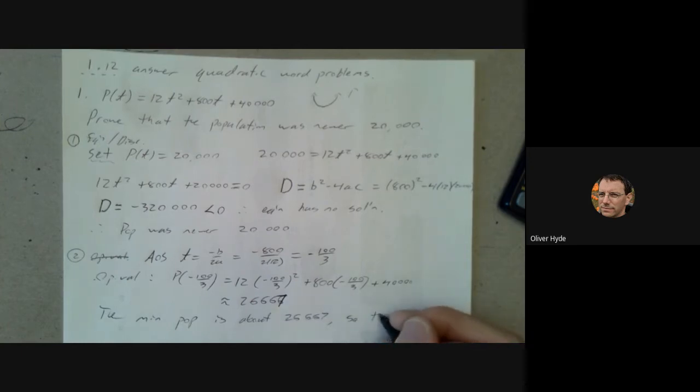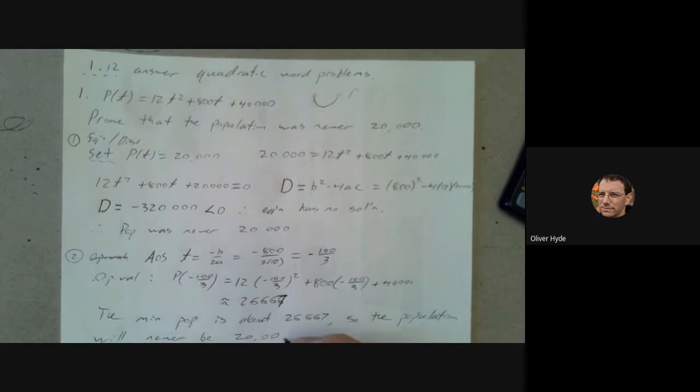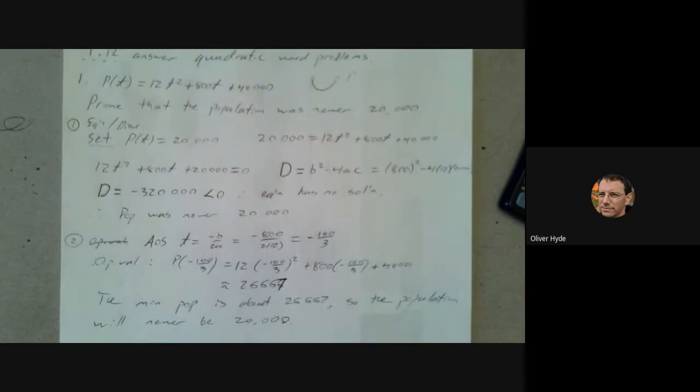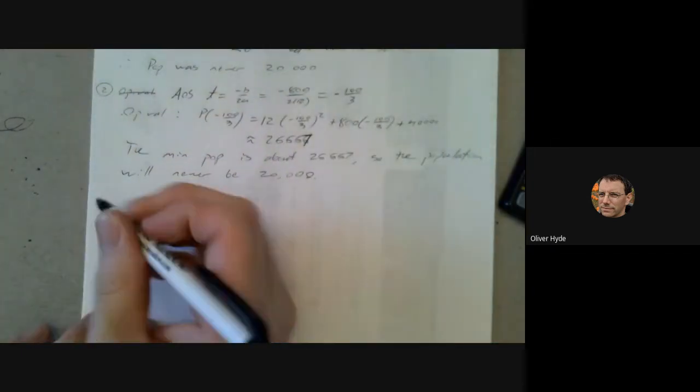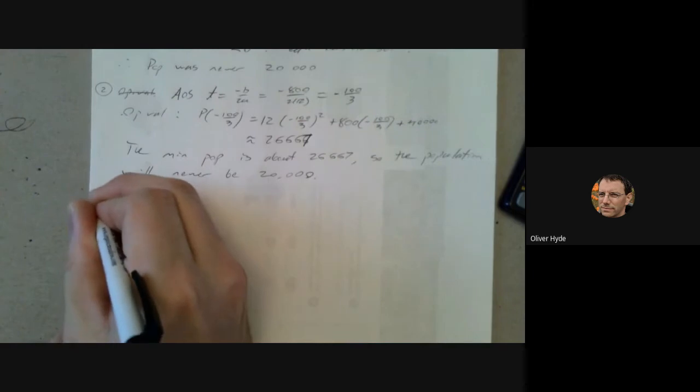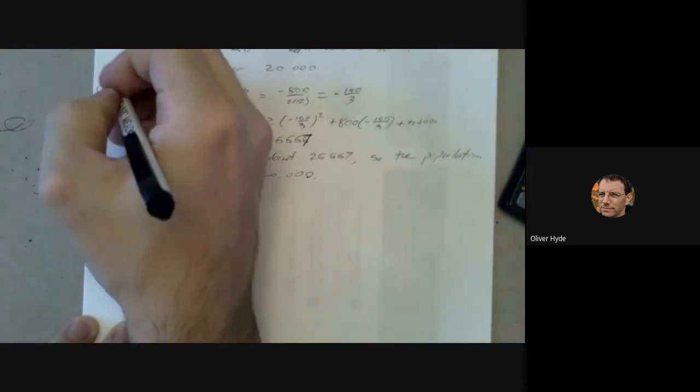So the population will never be 20,000. Two different approaches, both relatively efficient, I think, both well communicated.